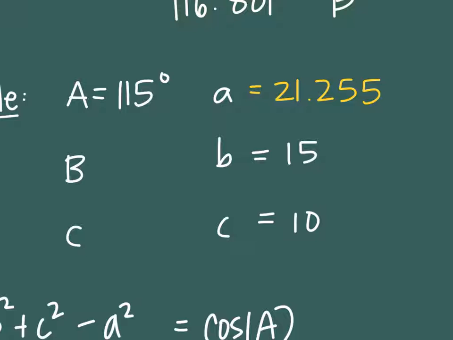Could you switch back to the law of sines now that you have a pair? You can. Because you're using a rounded answer, the 21,255, in the law of sines, and you're changing signs, your accuracy is going to be off by a little bit more. You will have lost accuracy. So I usually recommend, once you've done one part of it with the law of cosines, to stick with the law of cosines.